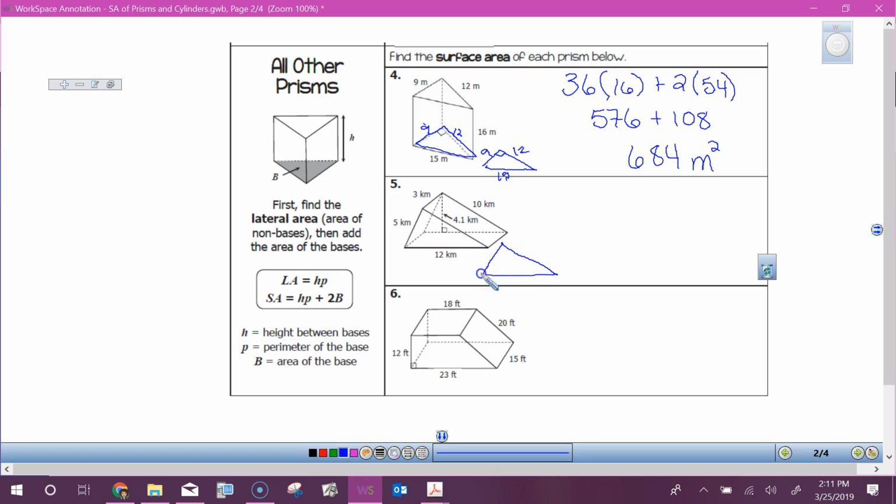So if I draw my front, this is 5, this is 12, what's this? 10, and the height of this triangle is 4.1. That's just of my base.